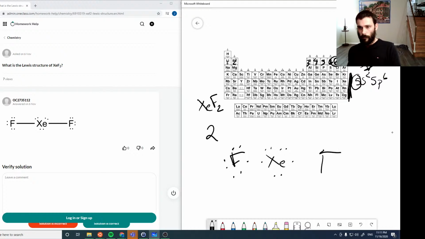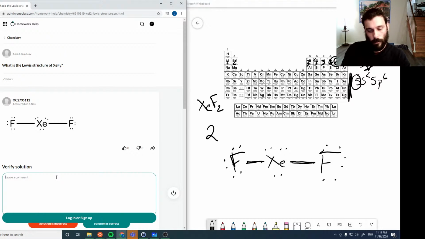And again, our fluorine on the side. Now the exact structure, you would likely have VSEPR rules that you'd be going through. And then to finish our Lewis structure, we basically connect our bonding electrons as a line, like that. And then we see here that that is the solution that's given, so this solution is correct.